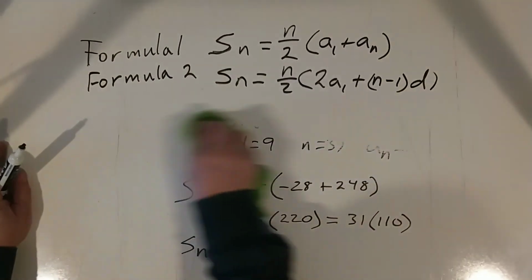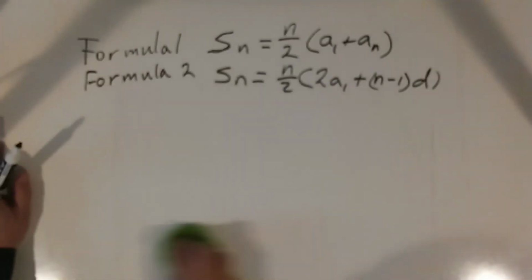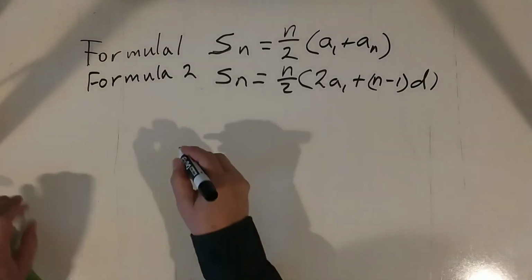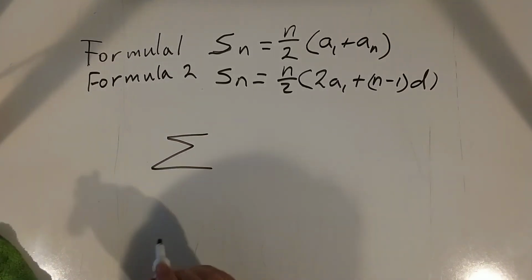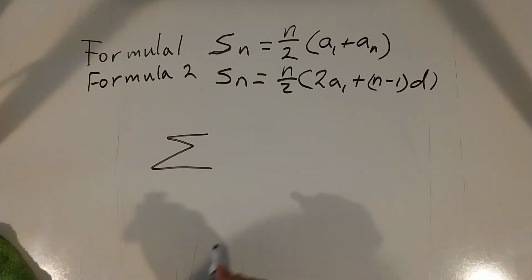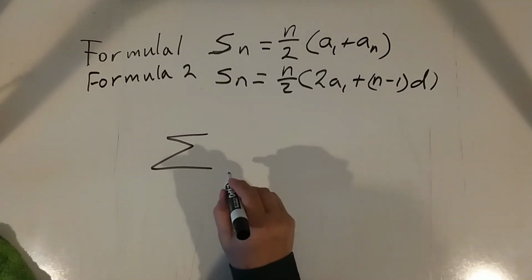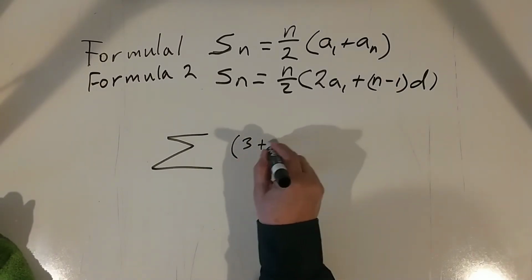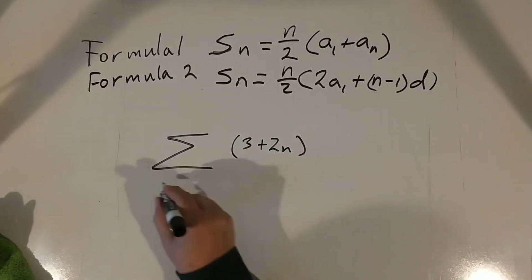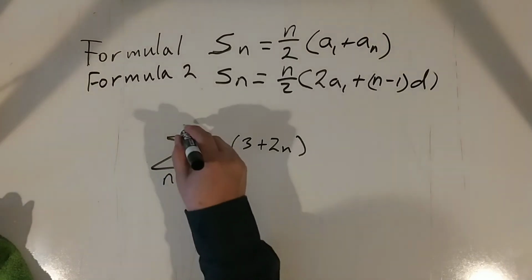Now let's look at sigma notation. Suppose I want to find the sum of this one, 3 plus 2n, beginning with 1 and going to 20.